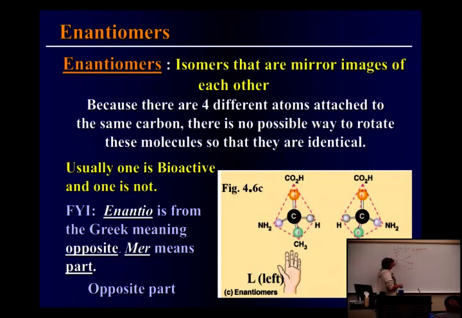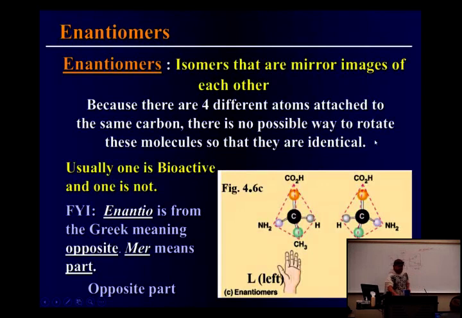But what happens in chemistry is that if I have four different groups on a central carbon atom, it makes something handed. So it makes something that's like a left hand and a right hand. We call that chiral. For handedness, that's the word.